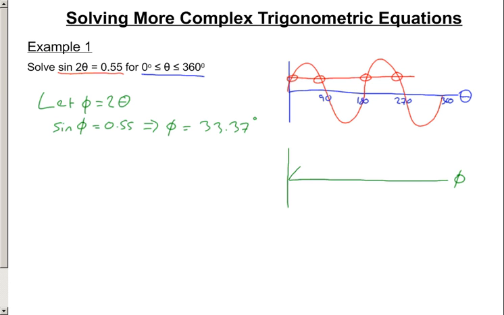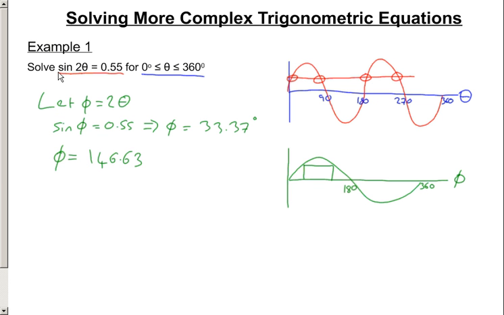And we can see if we have this one, we actually have the much longer one, the more spread out one, the stretched version, or the original version, I should say, which goes through like that. So we know that when phi is 33.37, we get the value we want, which means by symmetry, we can find the other values for phi. So the other value for phi will be 146.63.